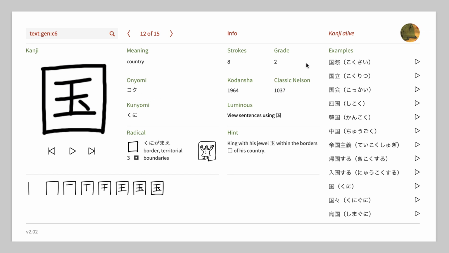So we have things like kokusai, international, kokuritsu, nationally owned. Shikoku is one of the 4 major islands of Japan. This is the one that's Western Japan, kind of nestled in along the inland sea. It's made up of 4 prefectures, which is why the name of the island is literally 4 countries.